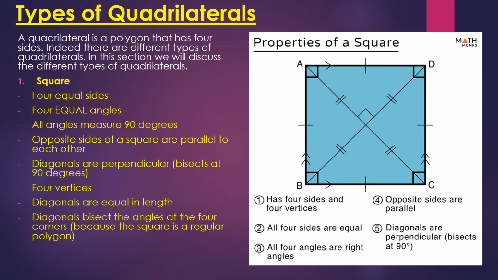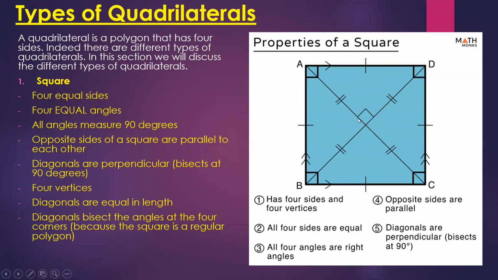All right, so that's it for the square. The square isn't as simple as you think, right? The square is really interesting, has different properties, and each thing is very important. The opposite sides that are parallel, the four sides that are equal in measure, the four angles that are equal to 90 degrees, the fact that each diagonal is equal in measure, and the diagonals form a right angle, so they are perpendicular to each other.